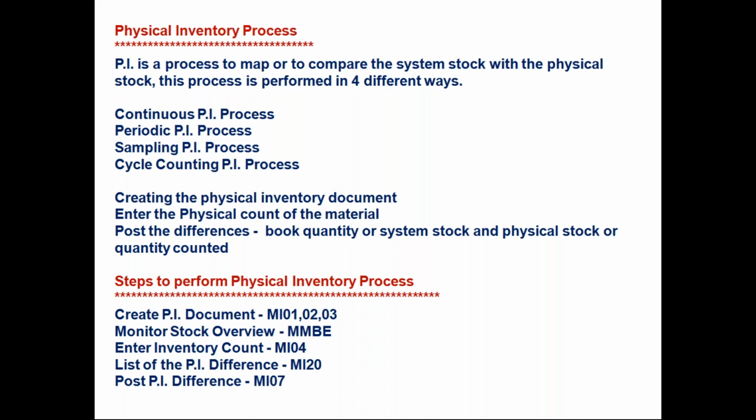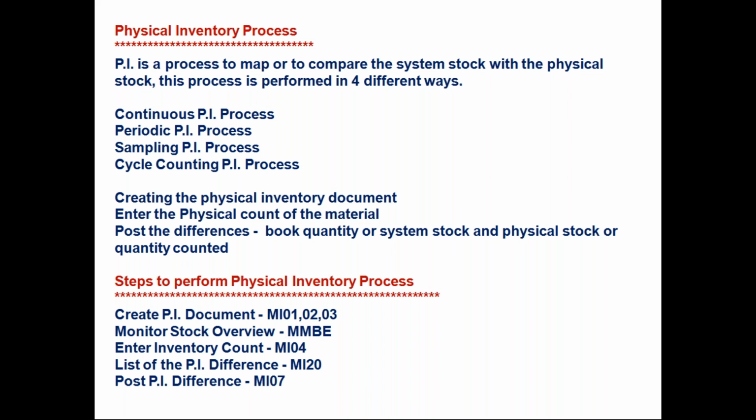So most of the industries perform this activity at month end, and some companies can do it daily or weekly or monthly, quarterly, half yearly, annually. That totally depends upon the business requirement and the volume of the business, the materials and goods inflow and outflow.